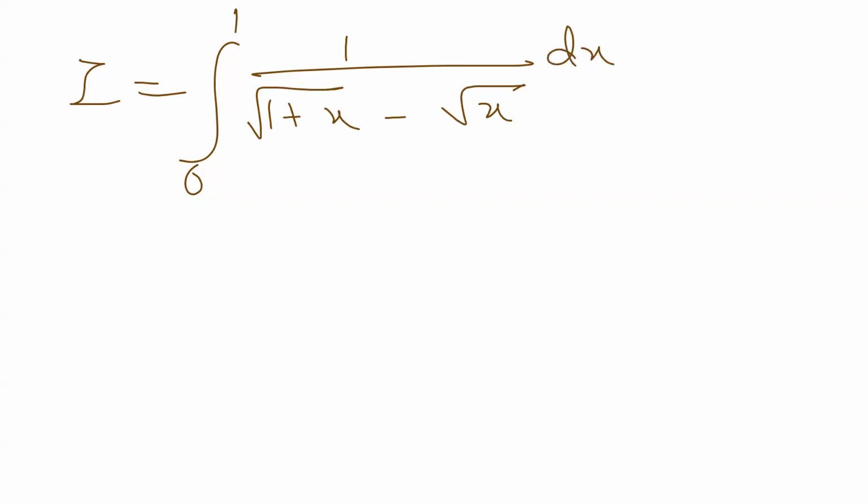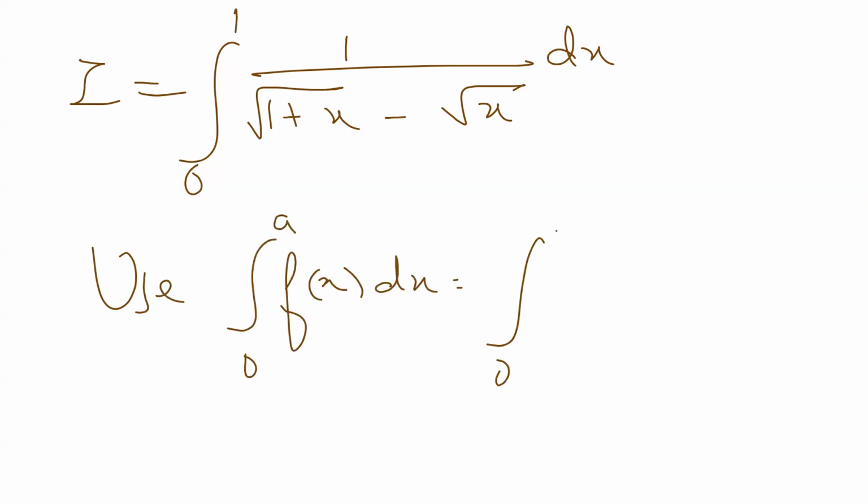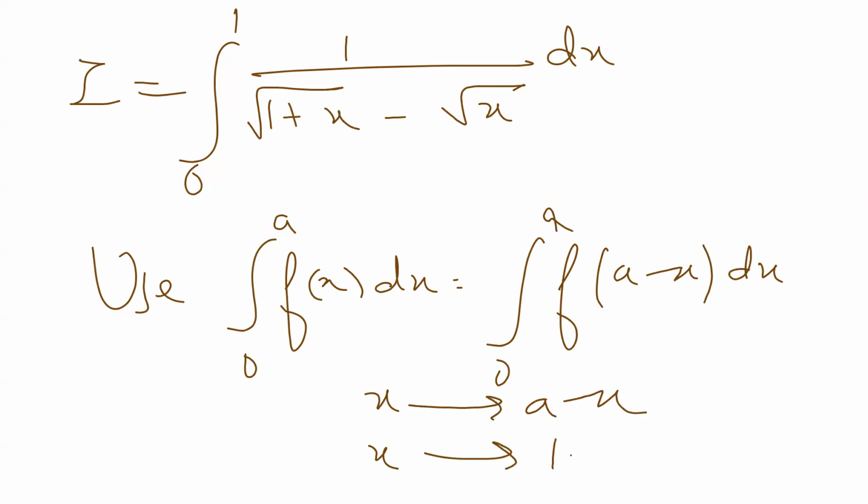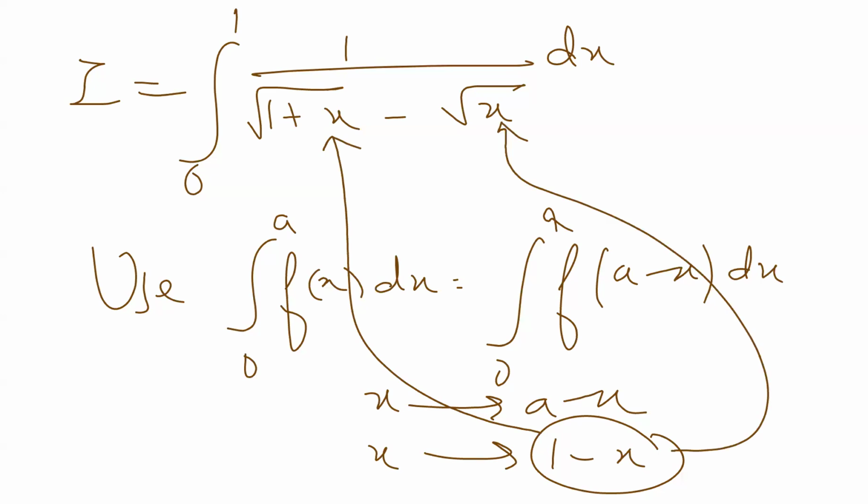Now many students go wrong in this particular problem. I'll tell you why. They apply the property: integral 0 to a of f of x dx is equal to integral 0 to a of f of a minus x dx. So x changes to a minus x, which is 1 minus x. Now, if you apply this property, if you put 1 minus x over here and over here, the problem is you will not get the same denominator.